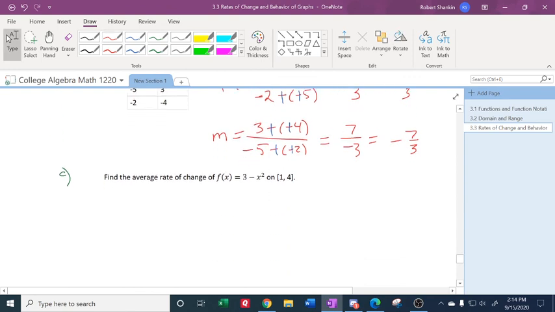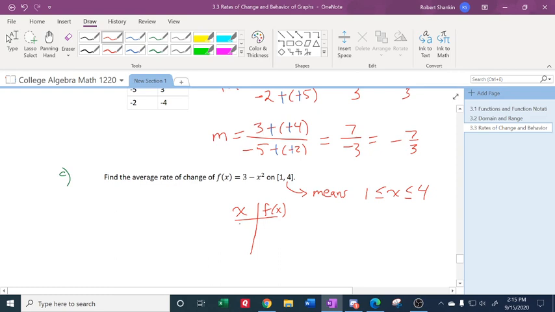Now, this last one, find the average rate of change on interval 1 to 4. This on interval 1 to 4 means x is between 1 and 4. So if x was between 1 and 4, we could see it like it's on a table.